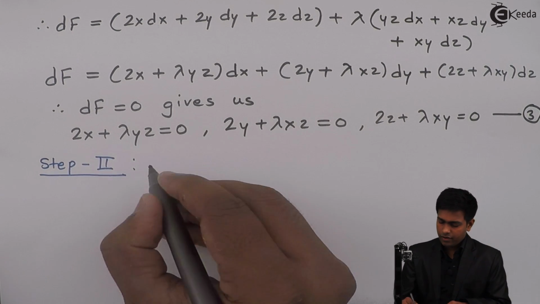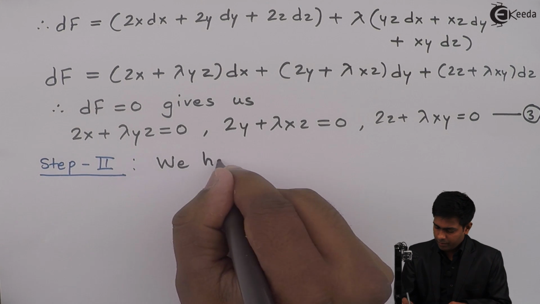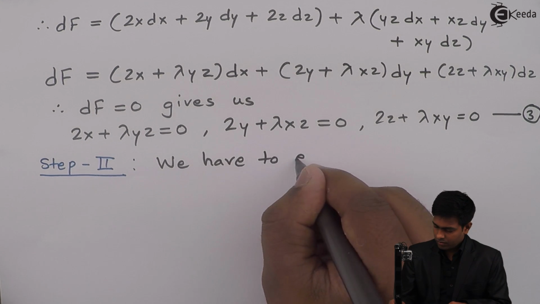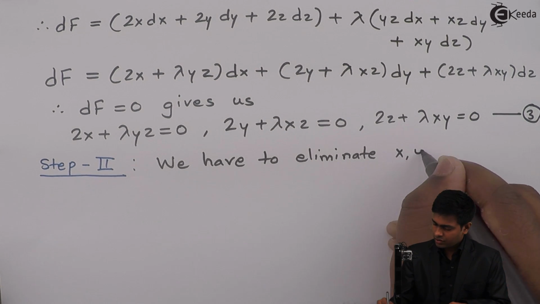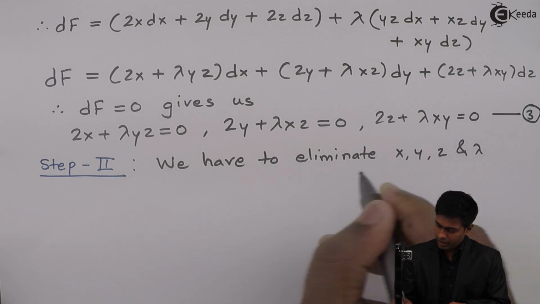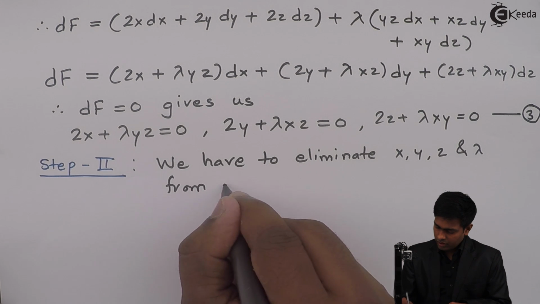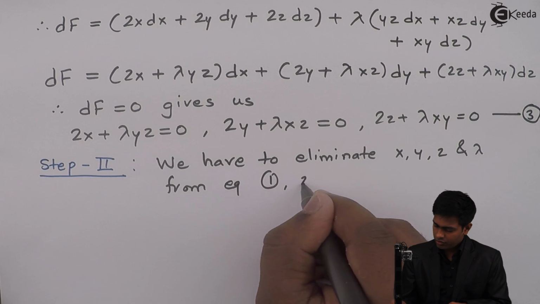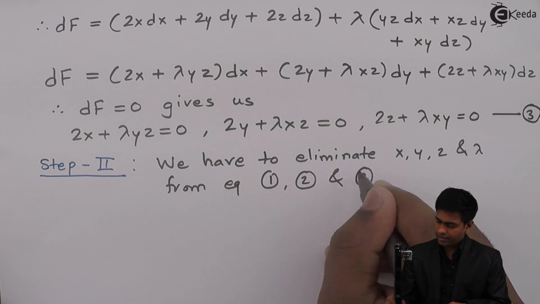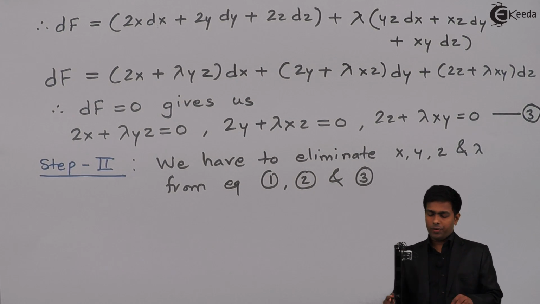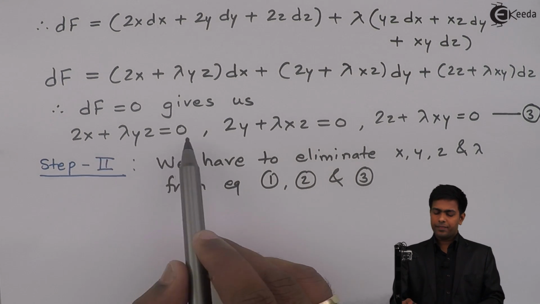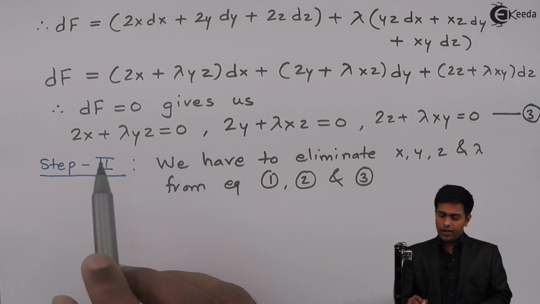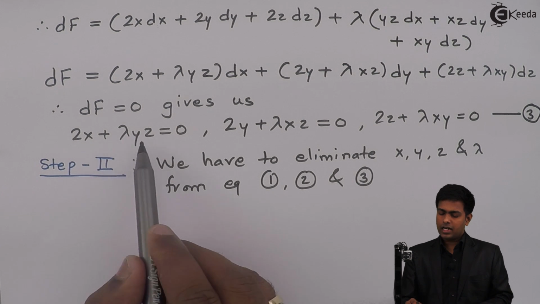We have to eliminate x, y, z and lambda from equations number 1, 2 and 3. So now let's observe equations number 1, 2 and 3. So from 3 we can get the value of 2x as minus lambda yz.